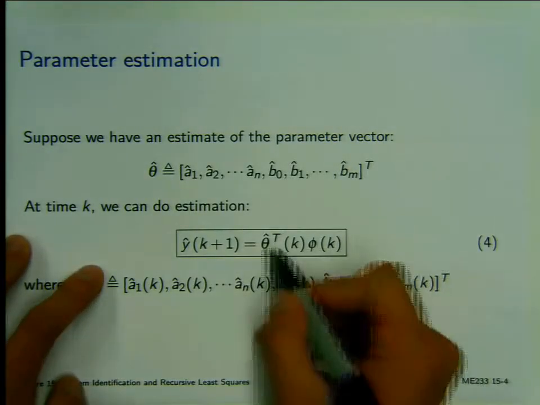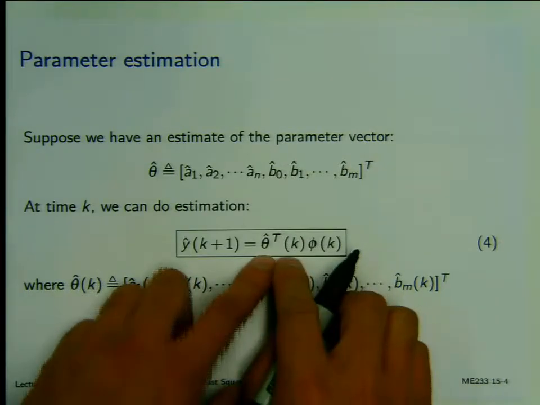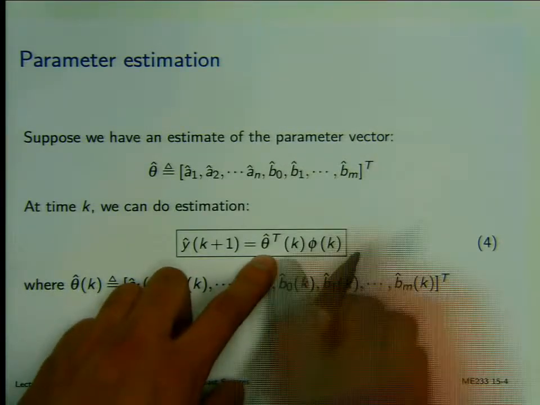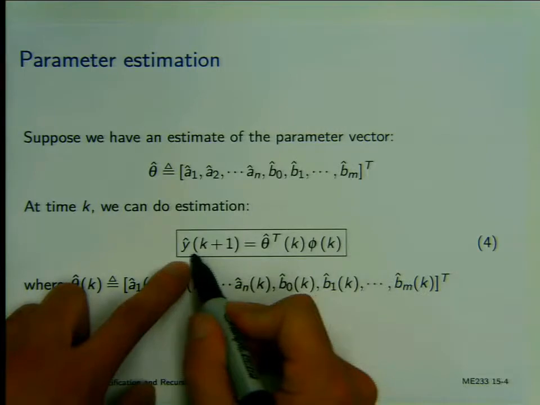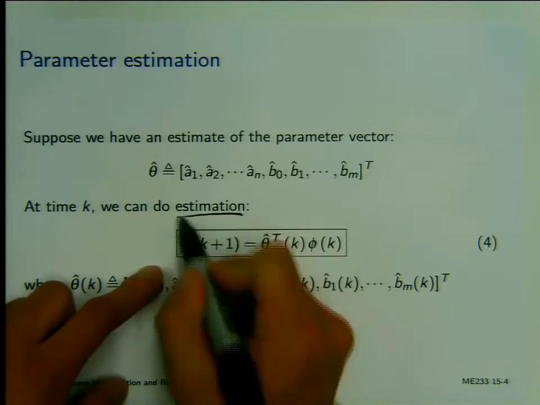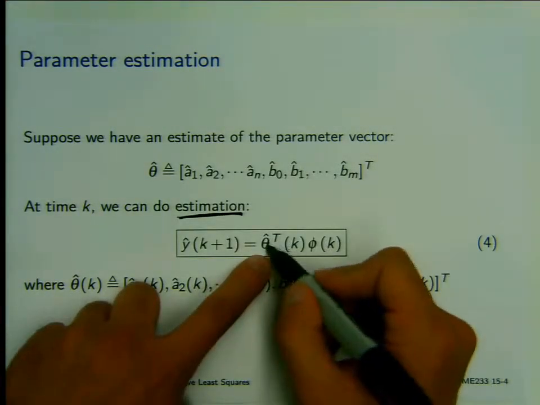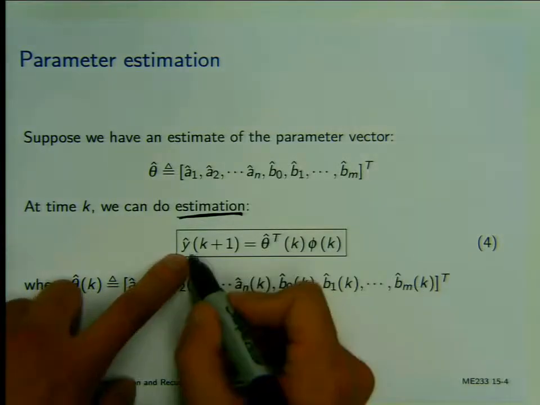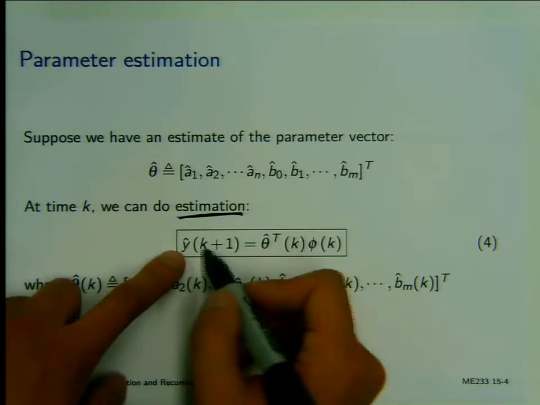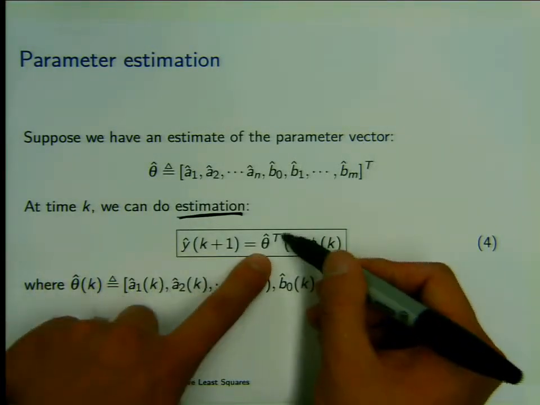If you don't know theta, then try to assign some values to theta, and then see what it will give us. We assign some values to theta, and we call this theta hat. Then we try to estimate y of k. If this y hat doesn't match y of k, then we make improvements on this plant parameter estimation.